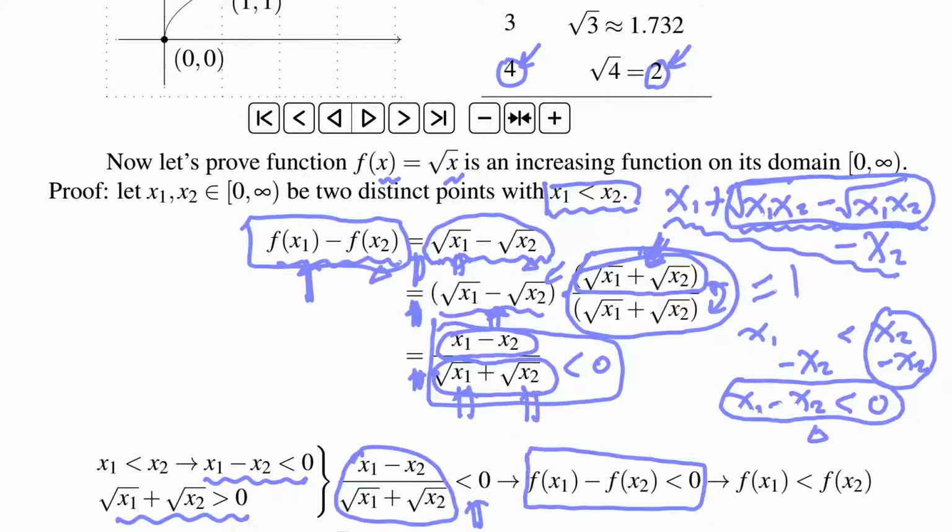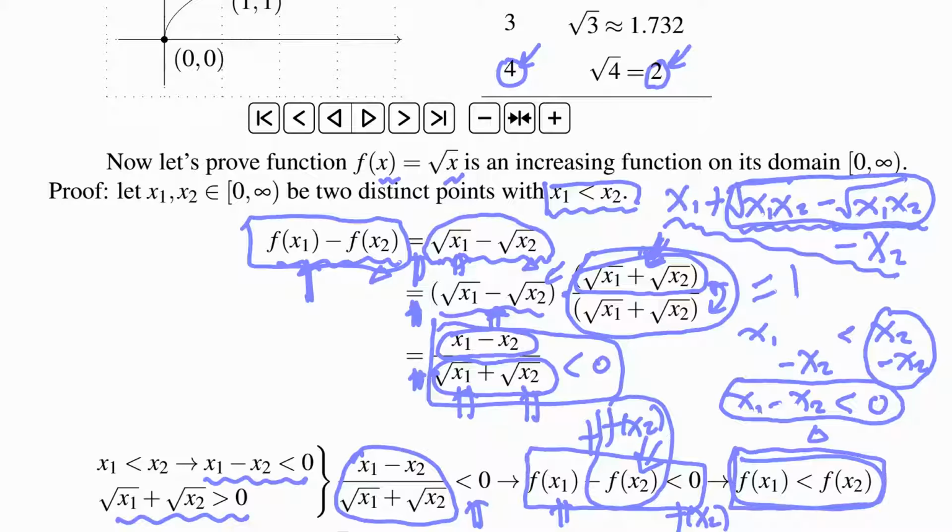Of course, one number minus another number is negative because the second number is bigger than the first. Mathematically, you may add f of x2 on both sides and cancel the positive and negative, so you have f of x1 less than f of x2.